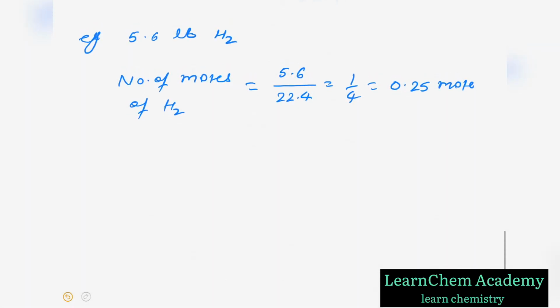Next, we can calculate number of moles by given numbers.